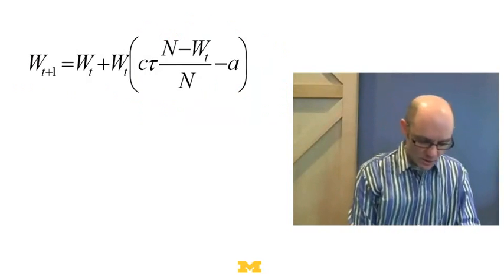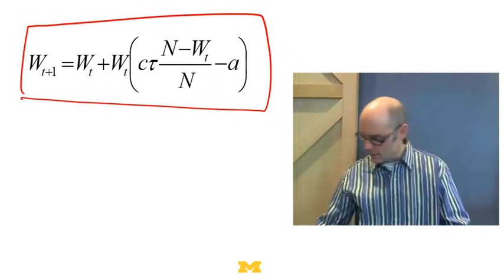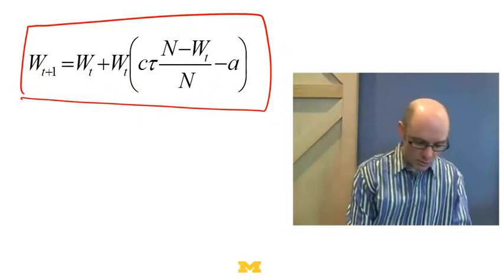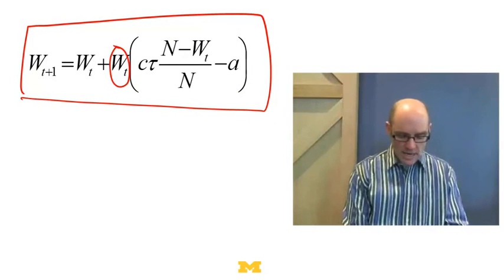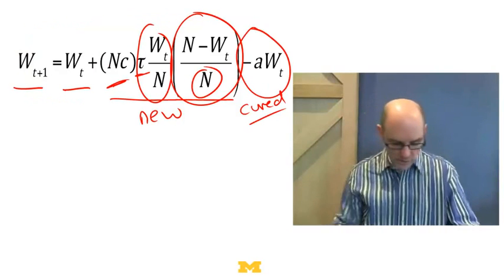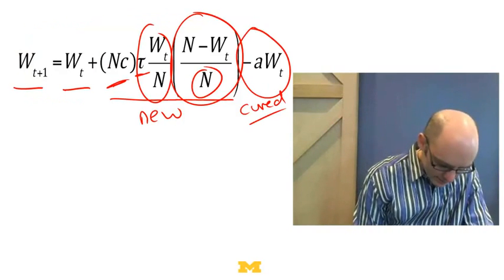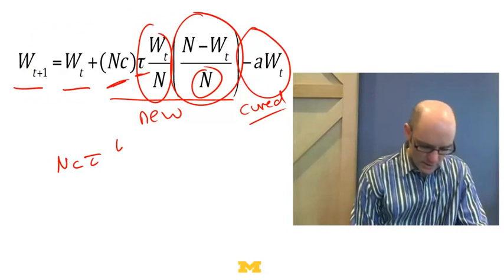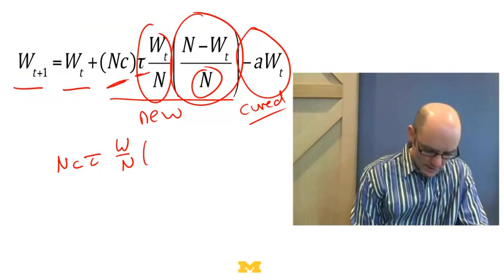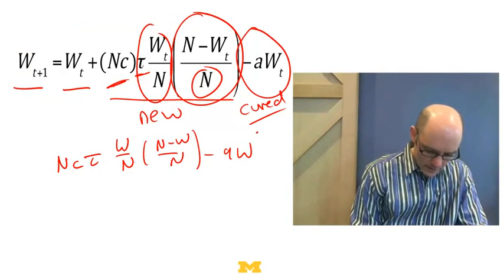If we rearrange terms, what we get is an equation that looks like this. Now, how did I get this equation? All I did was I pulled this W_t term out, and I crossed out some N's. So let me show you how that works. Up here, let's just focus on this part. I've got NCτ times W over N, times (N minus W) over N, minus AW, okay?